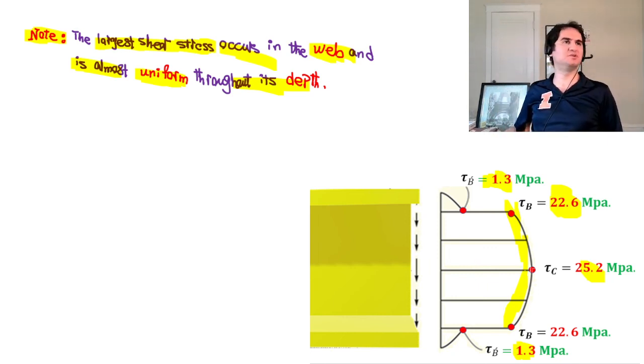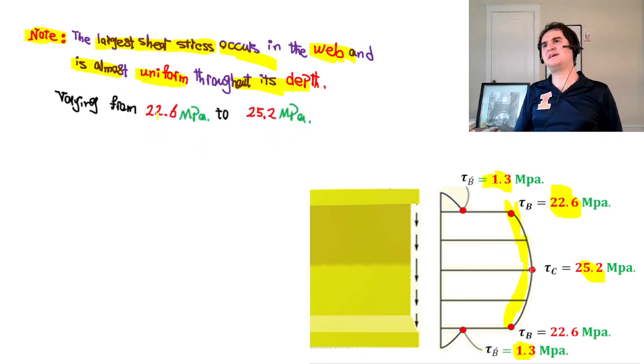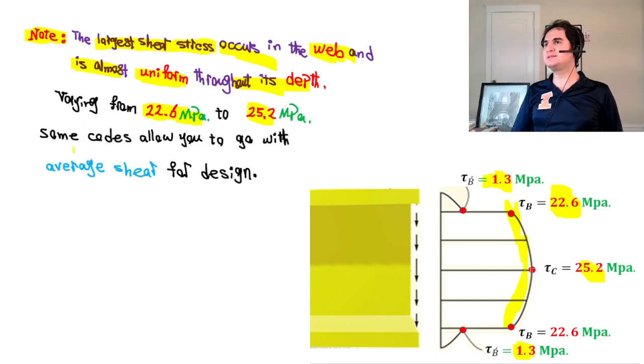It's almost a uniform change, varying from 22.6 megapascal to 25.2 megapascal, and that's the reason why some of the codes allow you to go with the average shear for design.